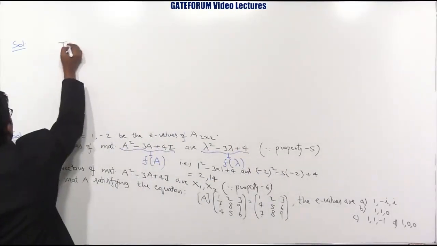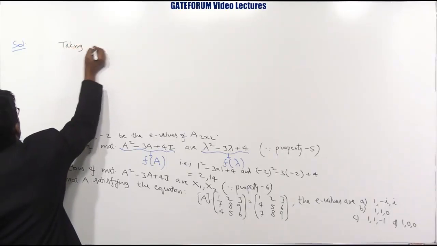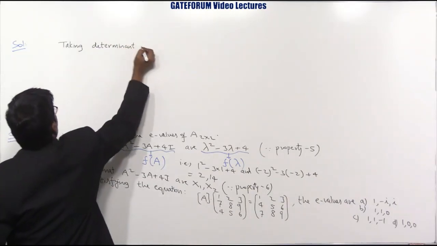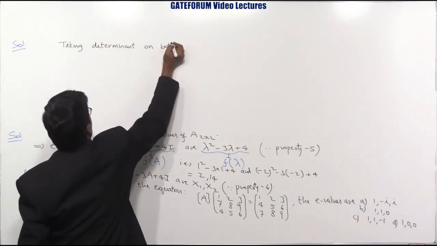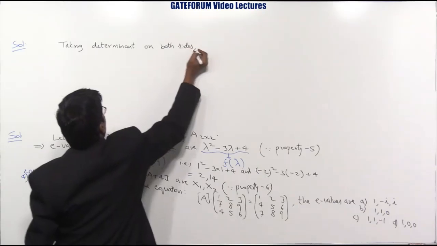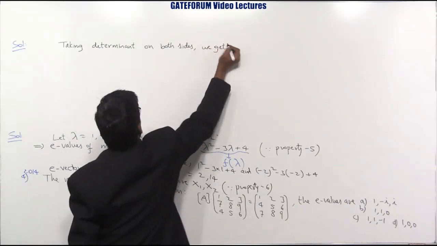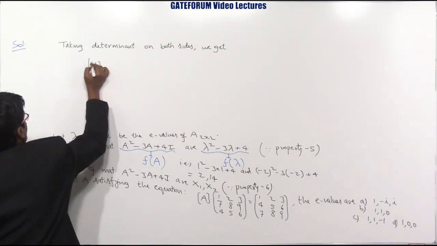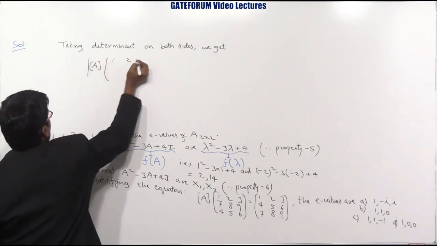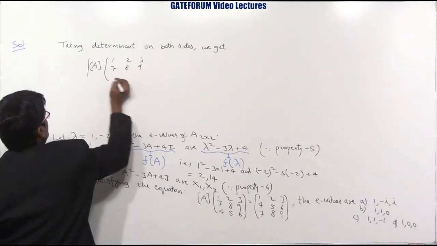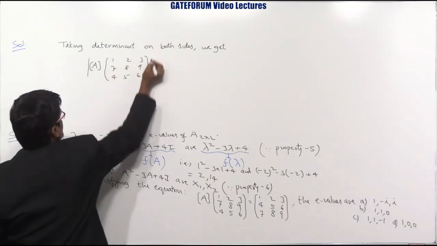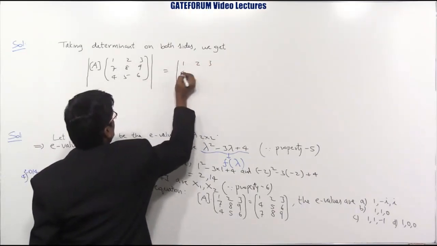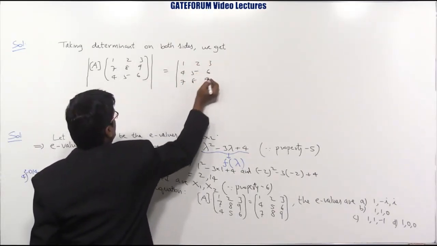So, taking determinant on both sides of the equation, we get determinant of A times the matrix 1, 2, 3, 7, 8, 9, 4, 5, 6 is equal to the right side 1, 2, 3, 4, 5, 6, 7, 8, 9.